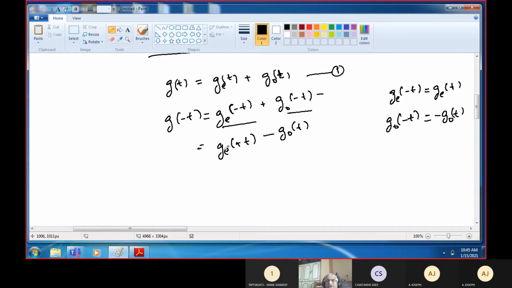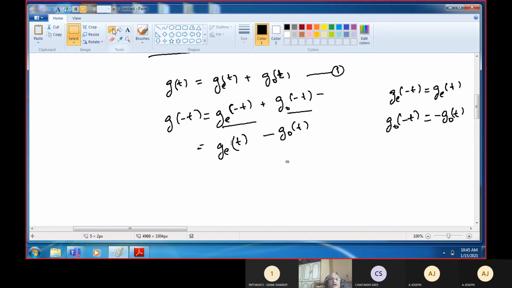Here also we can put t here because ge of minus t is equal to ge of t. Okay, so like this we can put and then continue our problem.